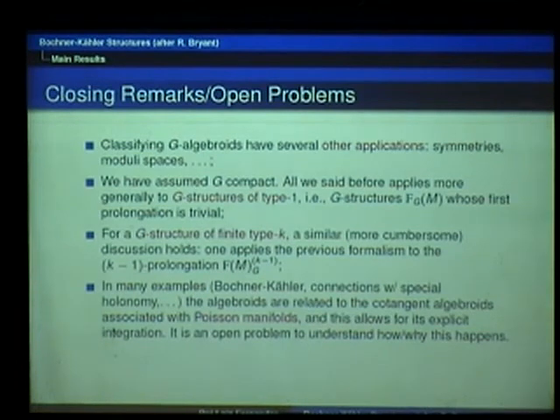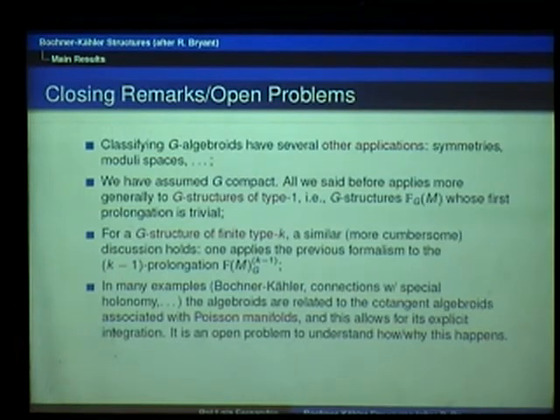And just to close with an open problem, in many examples, including the case of Bochner-Kähler, another example you can treat with this formalism is symplectic connections with special holonomy. The algebroids that appear there are related with another geometry which is called Poisson geometry. So they are cotangent bundles of Poisson manifolds, whatever that means.